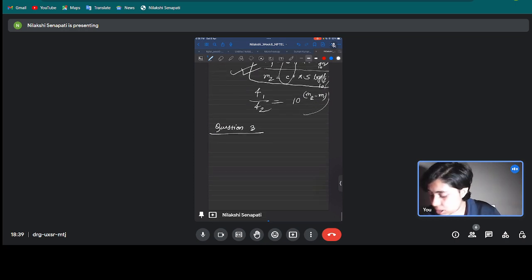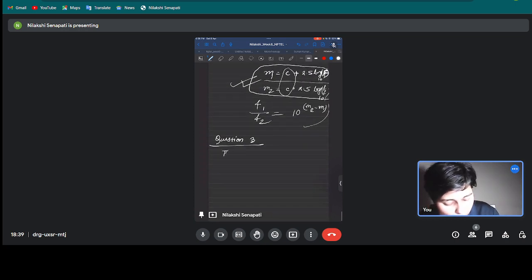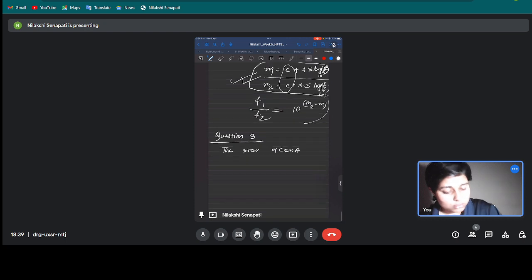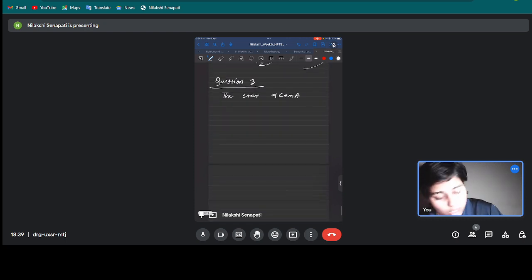So question 3 is saying: the star Alpha Centauri A has a luminosity L equal to 1.5 L sun.